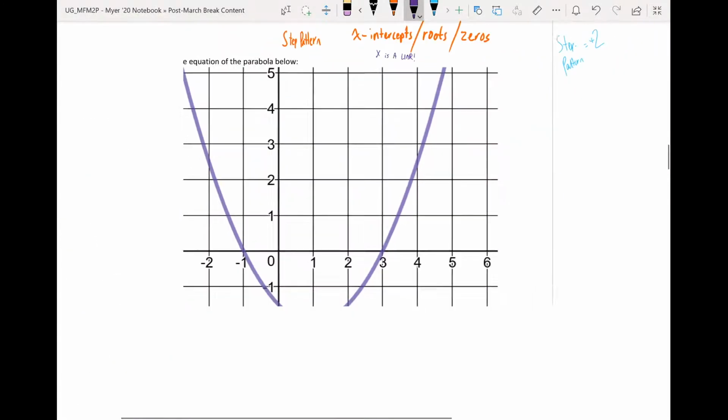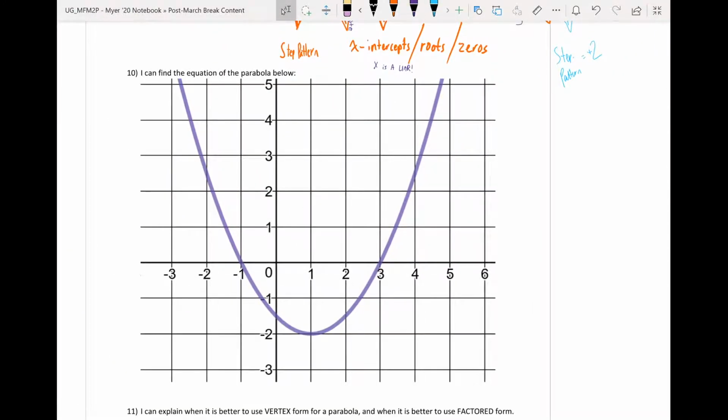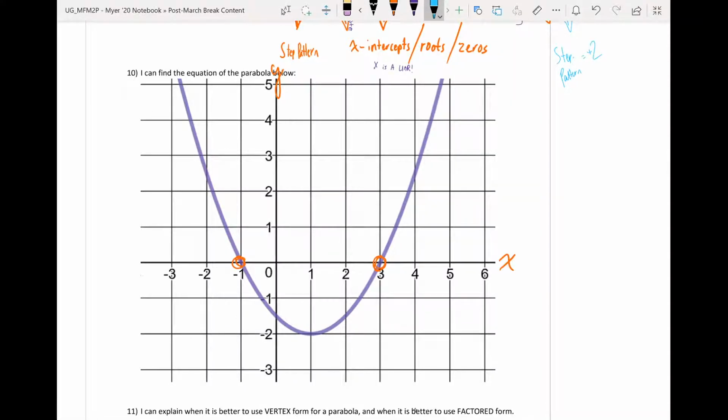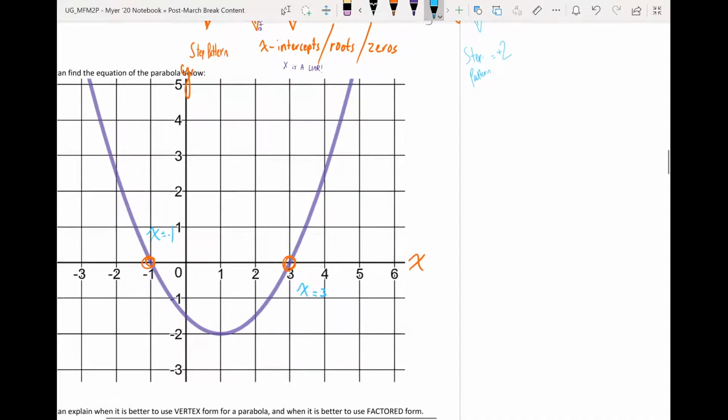All right, so let's look at a couple of examples here. Let's find the equation of the parabola we have here. So again, we have an x-intercept right there, and we have an x-intercept right there, because that's our x-axis. Here's our y-axis. So we have x equals 3 and x equals -1. That means our equation is going to be y equals something, like the letter a, which we're going to use as a placeholder until we figure it out.